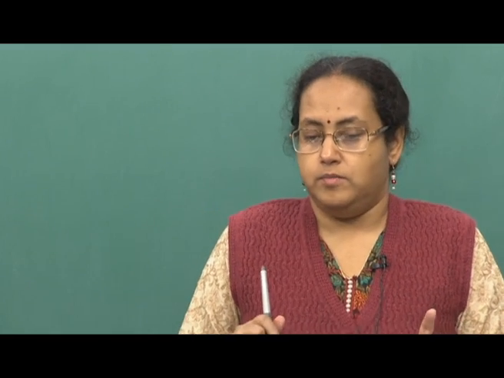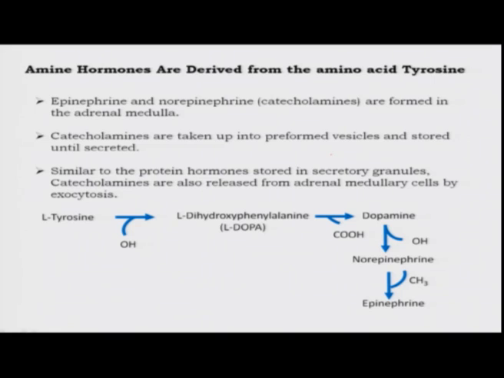The other class of amino hormones are also derived from the amino acid tyrosine, but they are produced by the adrenal medulla, and they are epinephrine and norepinephrine, which are together known as catecholamines. These catecholamines are taken up into preformed vesicles and stored until secreted. But how are they generated? The first step starts with L-tyrosine, an amino acid.